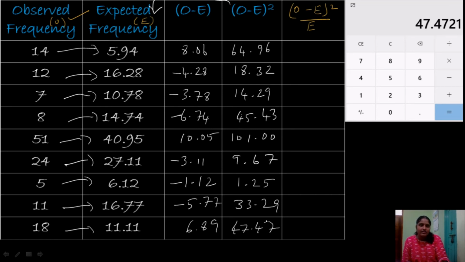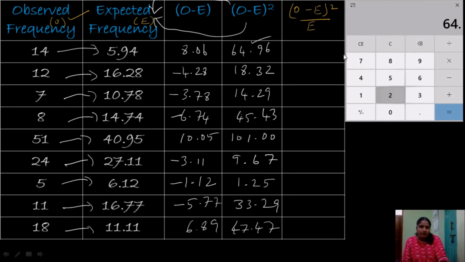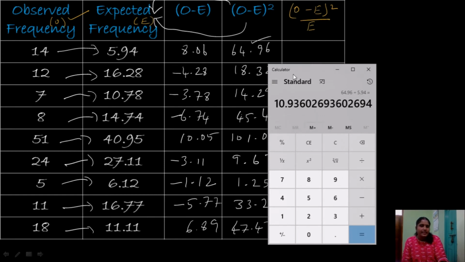So after calculating this, we have to take the ratio of the observed frequency minus expected frequency whole square with the expected frequency. 64.96 over 5.94, we get 10.936 etc. Here I have to take up to 2 decimal places, so 10.94.